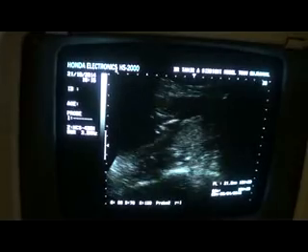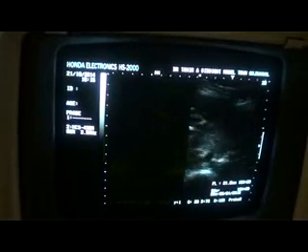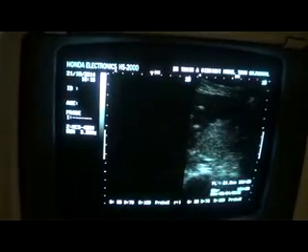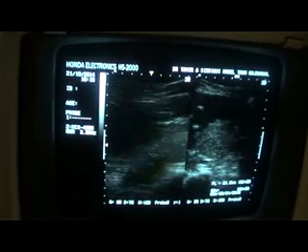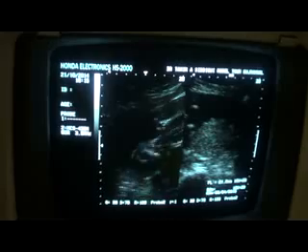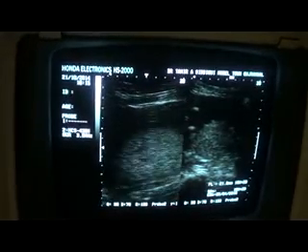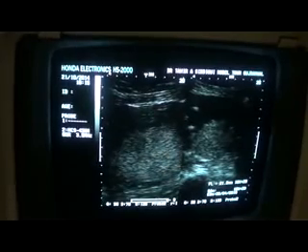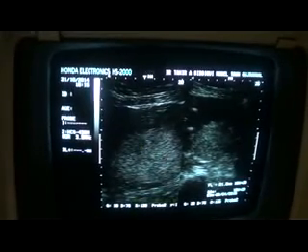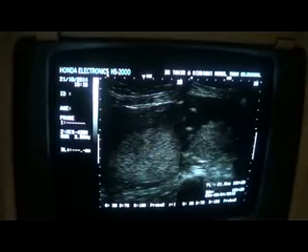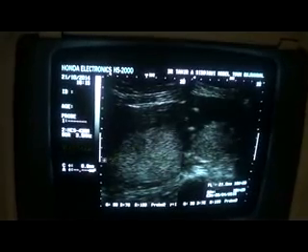Here it is. See, this is a fibroid, and when I move the probe anteriorly upwards, here we see the placenta with the posterior wall, but at the upper segment.